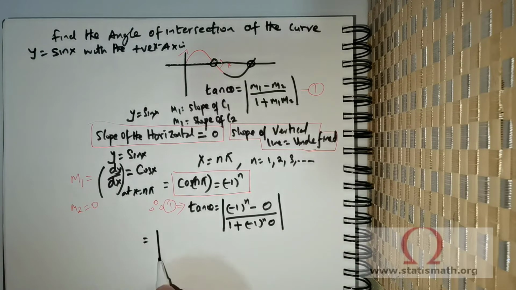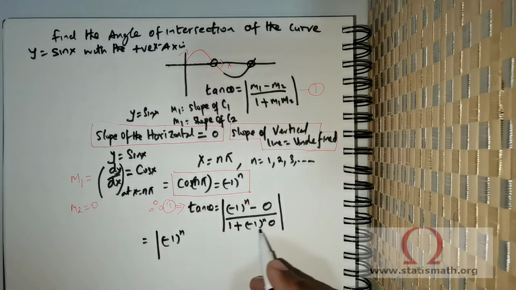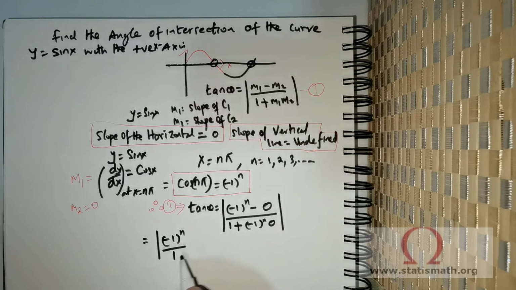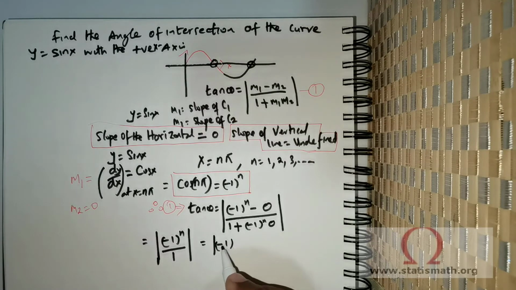Now this is equal to negative 1 raised to the power n, since the second term is 0 and you are dividing by 1. Now this is a modulus sign, that means you can rewrite this as modulus of negative 1 raised to the power n.